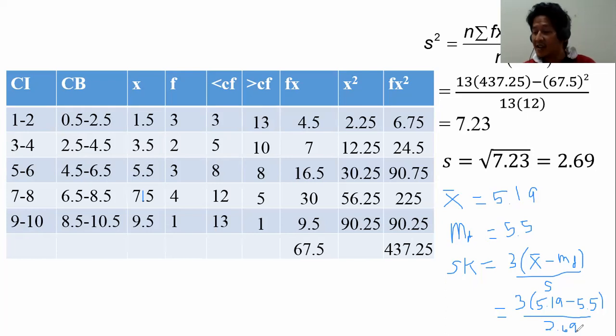So that's around negative 0.35. So this one is negative 0.35. Okay, so hindi naman siya masyadong negative but still the skewness is negative. So we have a negative distribution here.